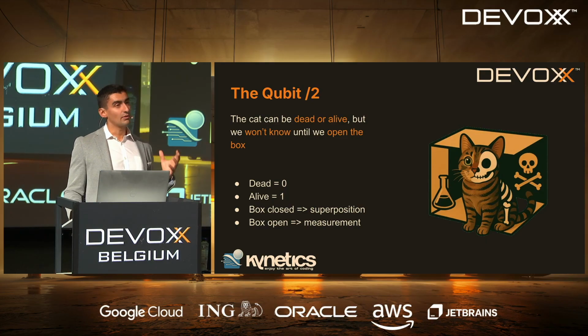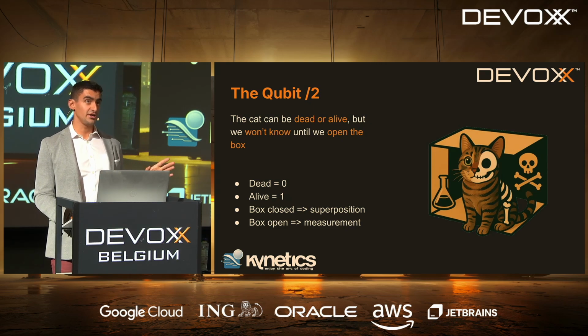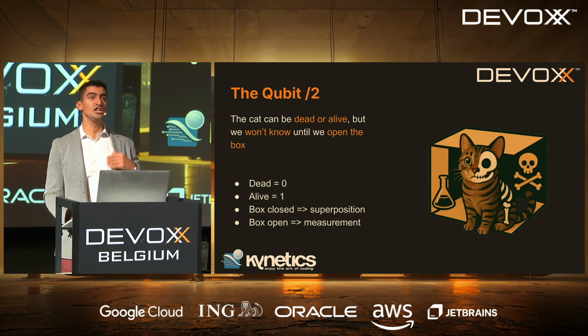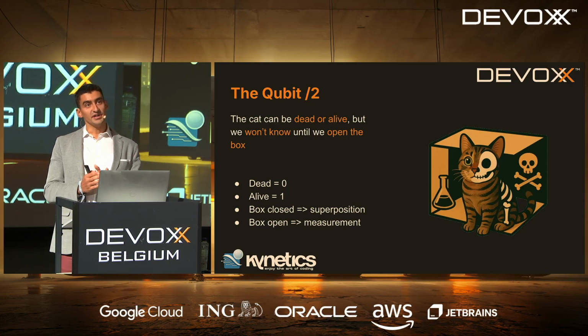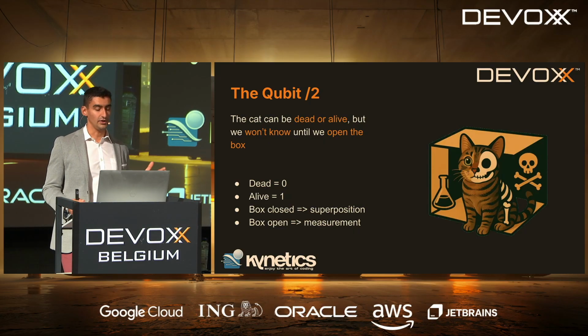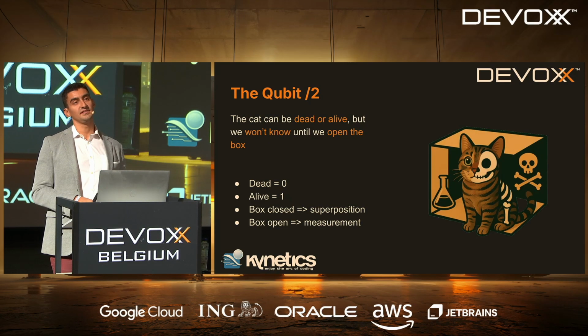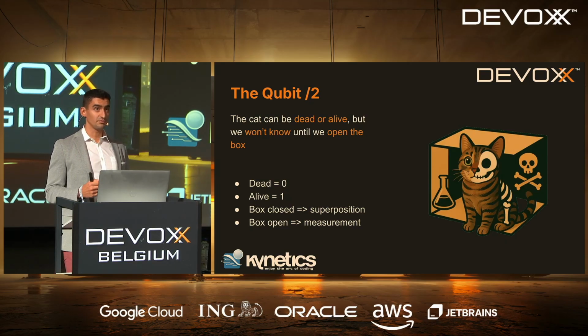Now, imagine our qubit is the cat. The first important thing about the experiment is that when we initialize a qubit, we know its state. We know that at first, the cat is alive. So we can say state 1, for example. Then we put the cat inside the box, we close the box, and we trigger this quantum experiment.